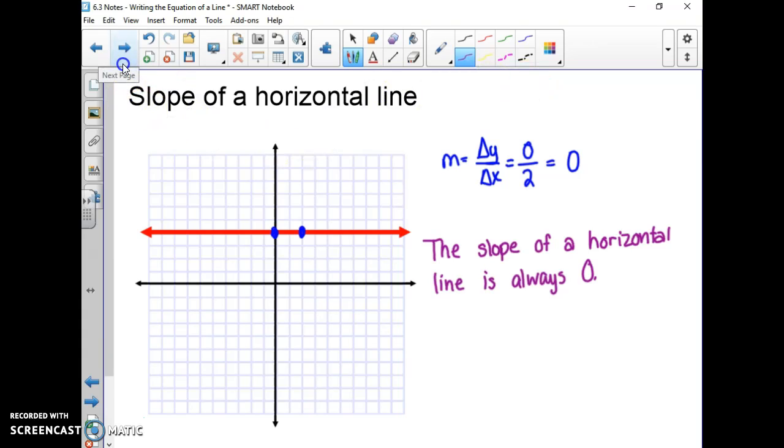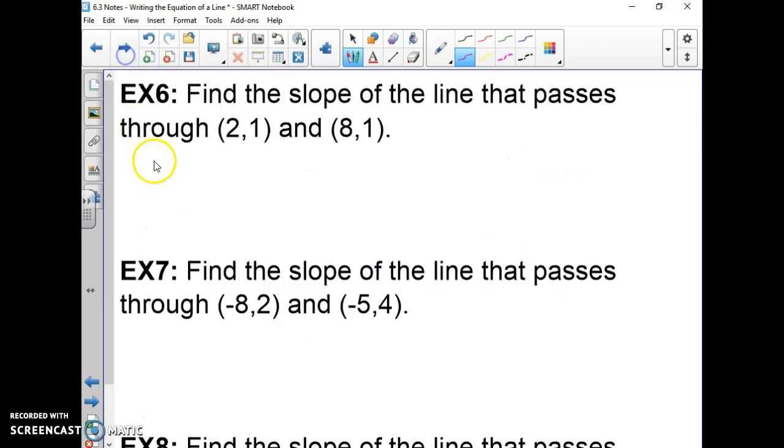Okay, let's just do a few more examples finding slope. In this case, we have to find the slope of the line that passes through (2, 1) and (8, 1). If we use our formula, we let this be x1, y1, and this be x2, y2. Our formula for slope tells us that we will do y2 minus y1 over x2 minus x1.